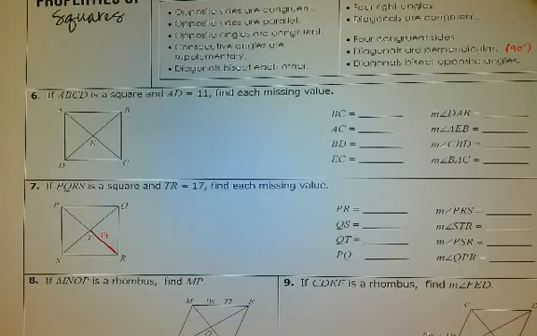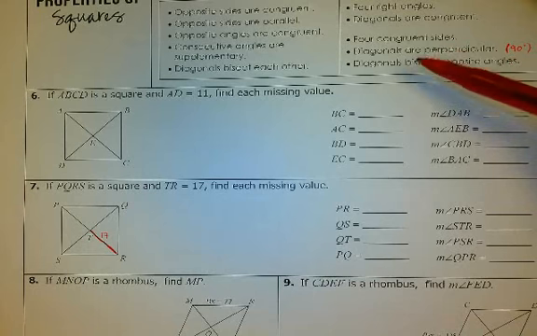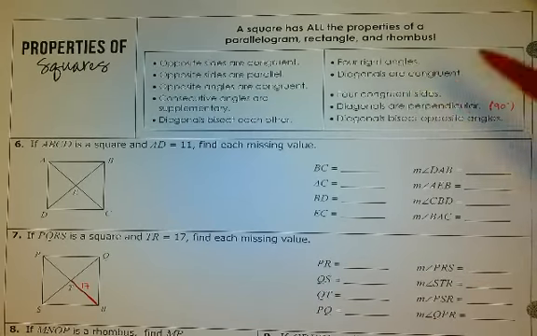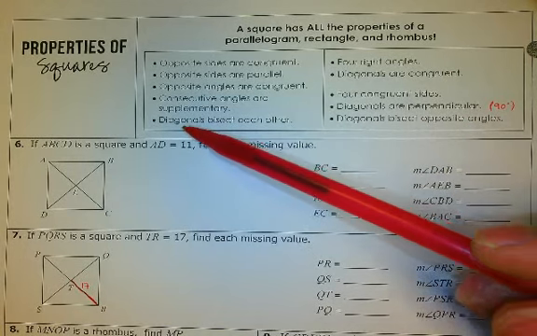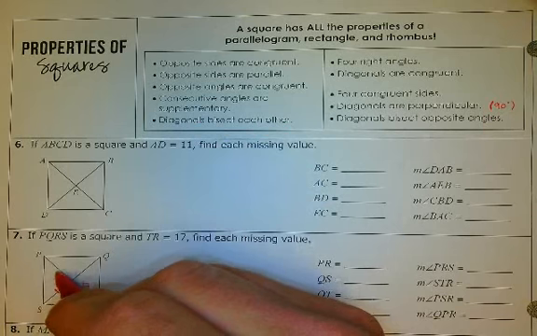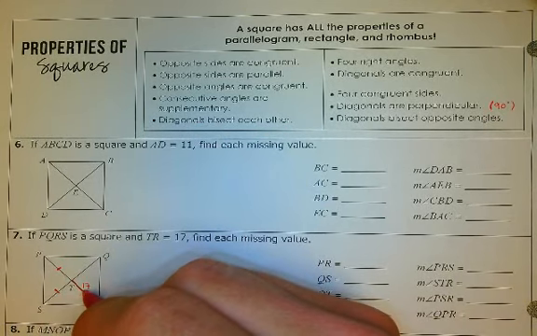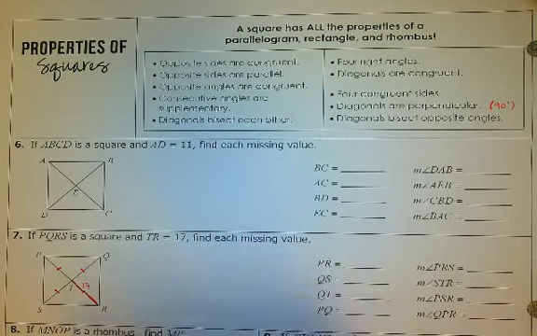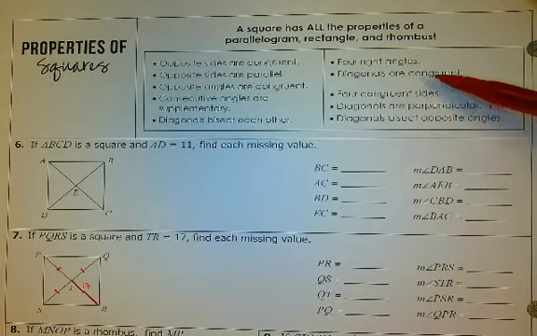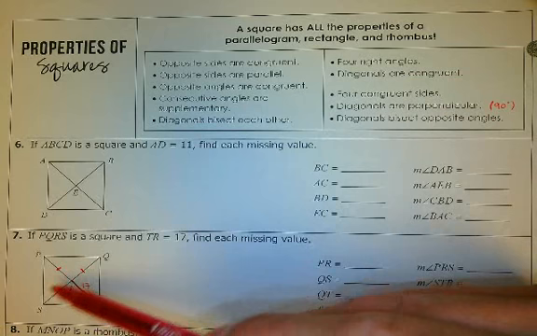So what we're going to do is take a look up here at our different properties. The first thing that I notice here is that the diagonals bisect each other. That means that each one of these are the same. Diagonals are congruent, bisect and congruent, so it splits it in half and they're all the same.